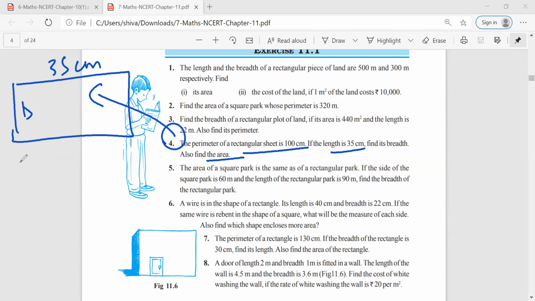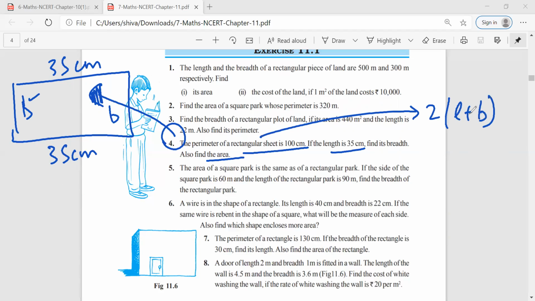So if we assume that this is B, this would also be B. And formula of perimeter of a rectangle is twice of L plus B. Mr. Satya, any doubt? No, sir. So twice of L plus B equal to 100. Mr. Sarthak, have you understood? Yes, sir.